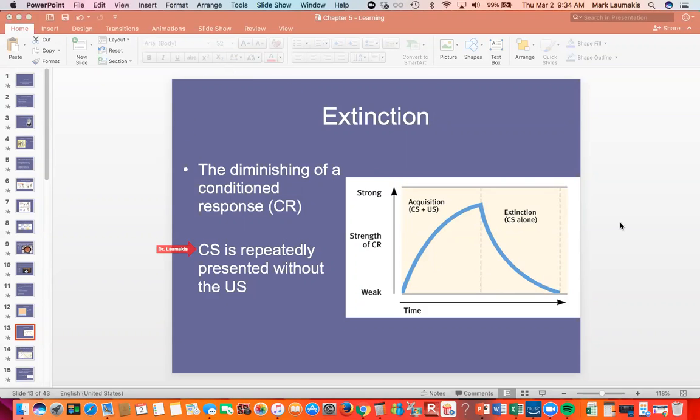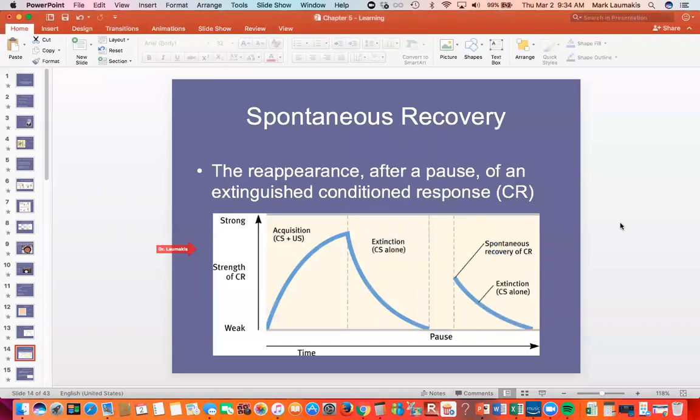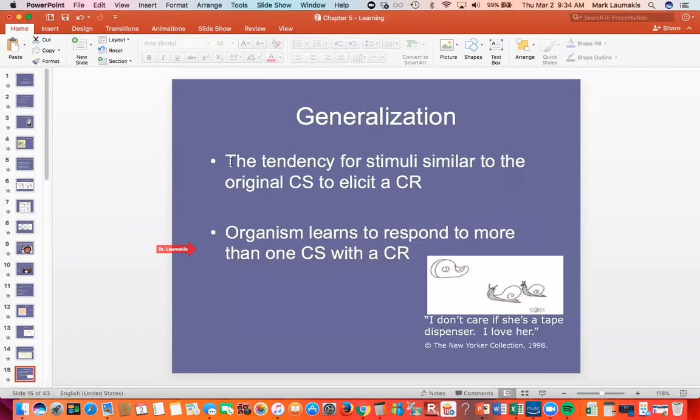That was extinction. In addition to extinction, we briefly talked about spontaneous recovery. When that extinguished response might potentially come back, it's usually not as strong, it usually extinguishes pretty easily. Then we talked about generalization, right? Where what happens is I sort of broaden, if you want to think about it this way, the range of stimuli to which I am responding.